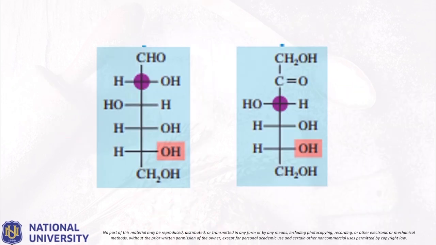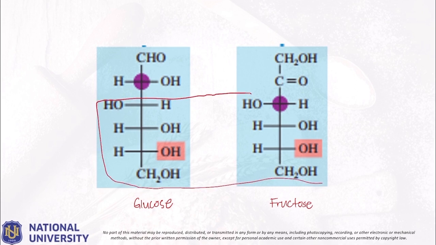So again, this is glucose, right? And this is fructose. Structure of fructose. Dapat alam nyo din yung structure ng fructose. Although same sila, ito ng fructose dito sa part na to. No, same yan. Kaya madaling tandaan.